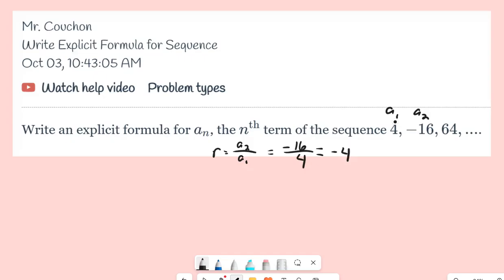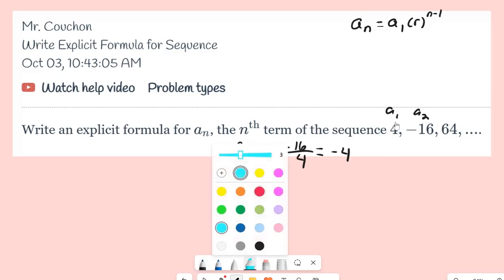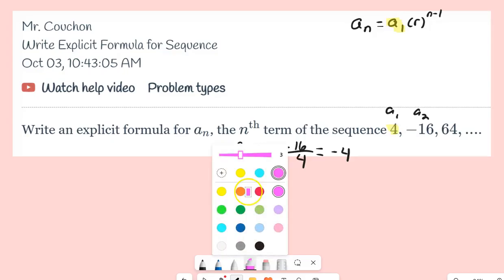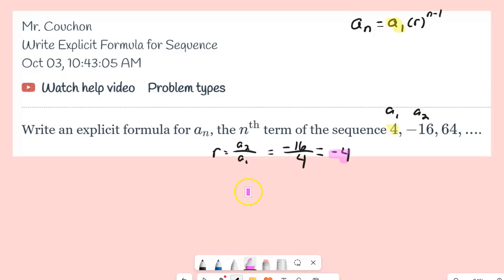Okay, so now let's look at that formula again. It's a sub n, the nth term, equals a sub 1 times the common ratio to the power of n minus 1. Do we have our a sub 1? Yes, we do. It is 4. Do we have our common ratio? Yes, we do. It is negative 4.